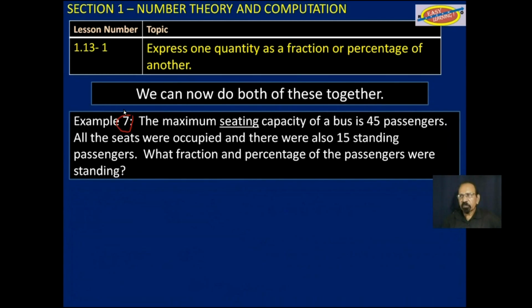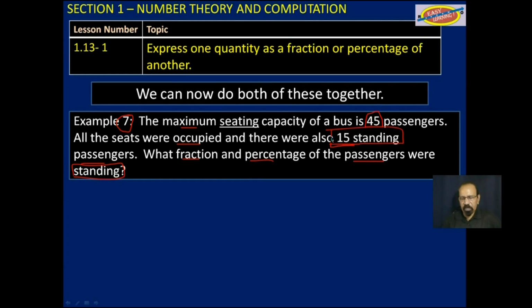Question 7. The maximum seating capacity of a bus is 45 passengers. Now, all the seats were occupied, and there were also 15 standing passengers. What fraction and percentage of the passengers were standing, not seated, standing? So it means that this bus has 60 passengers in it, and out of the 60, 15 were standing.